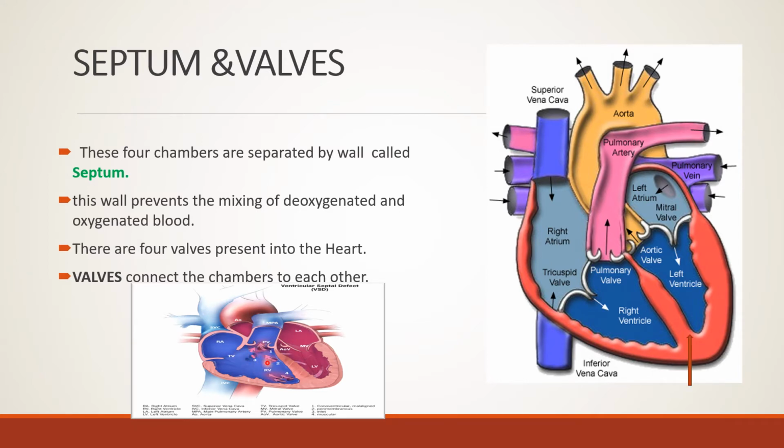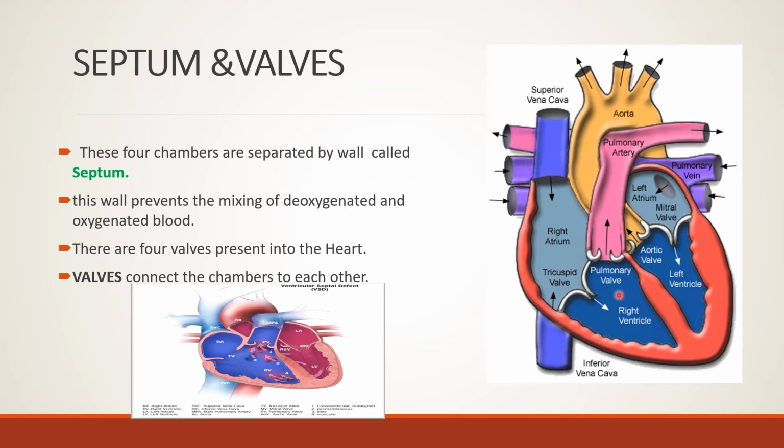The blue colored part is deoxygenated blood and the red colored part is completely oxygenated blood. So this wall prevents the mixing of deoxygenated and oxygenated blood. The septum separates the blood, right?